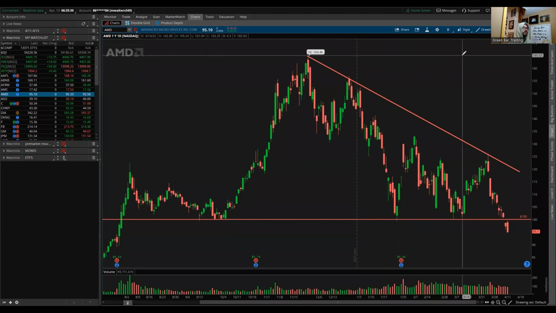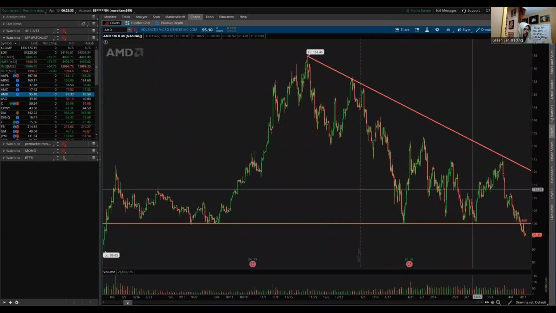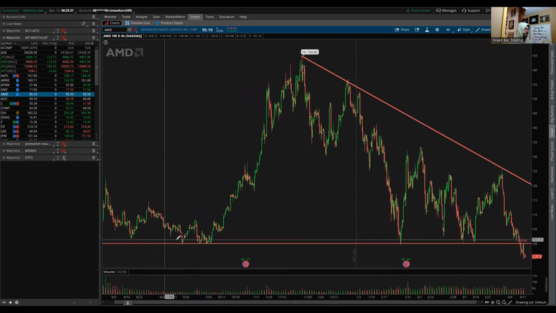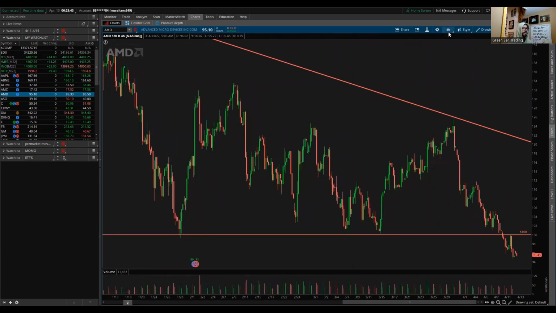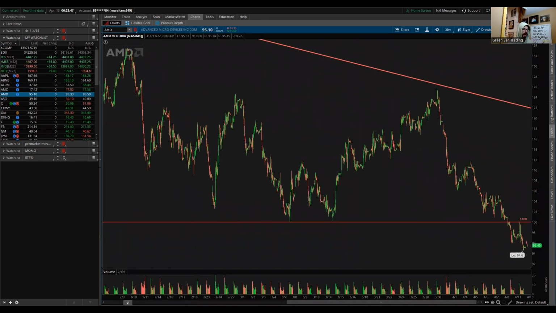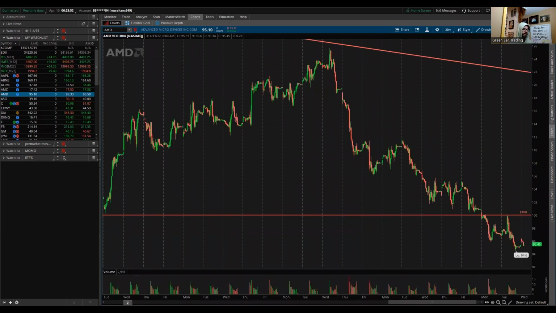All right, so going back to the charts, I'm going to do the 180 day. So you can see here, it was support the whole way. And then coming in to yesterday, all right, just zoom in on this.